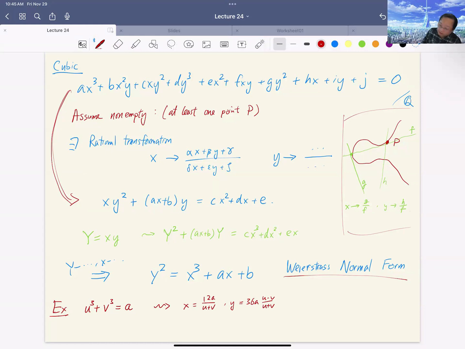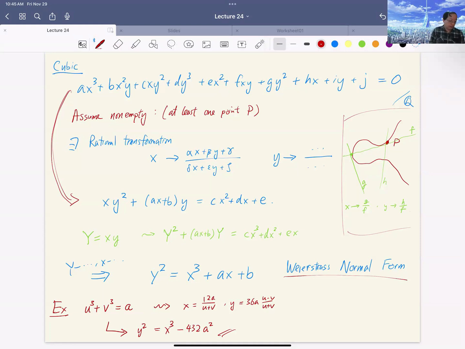If you do this substitution, then this will become y squared equals x cubed minus 432a squared. This 432 always appears in elliptic curve theory. So any cubic can be reduced to this canonical form.